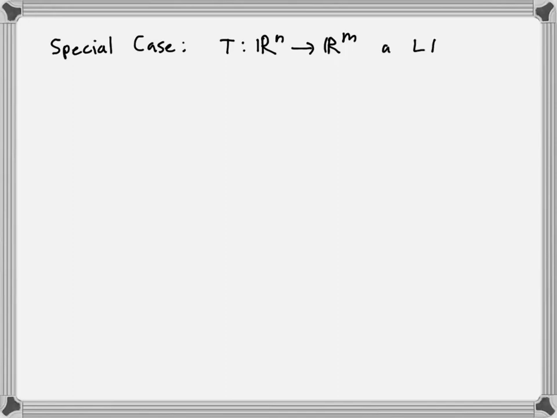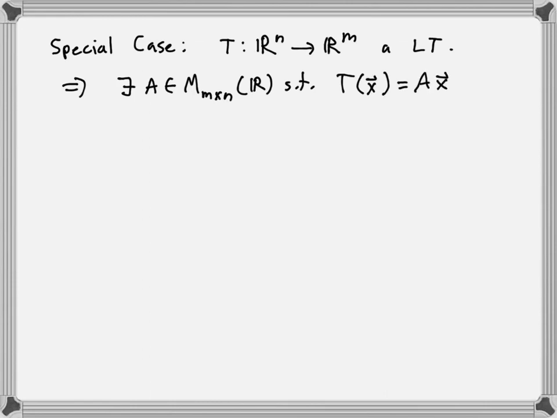So let's suppose that this is a linear transformation. Remember what we learned? We learned this implies that there exists an A, some m by n matrix such that T of x is equal to Ax.